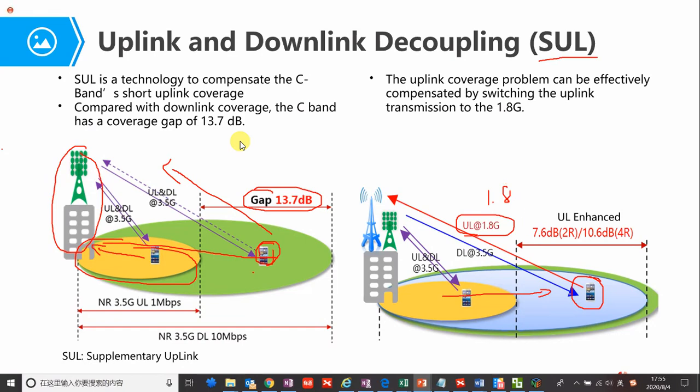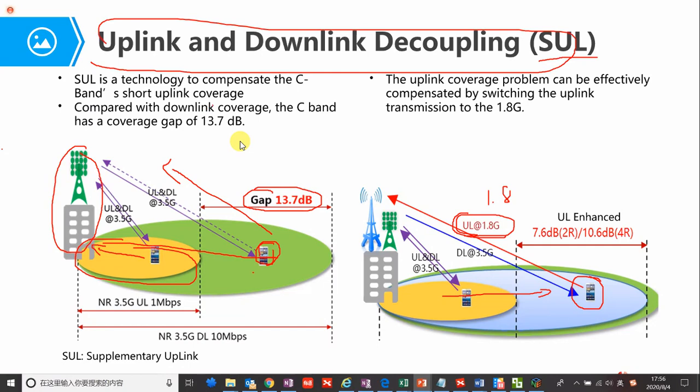So to make sure the uplink can also have good signal quality, we use this low frequency band to solve this imbalance issue. So we call it uplink and downlink decoupling. This is the standard announced by the Huawei company.